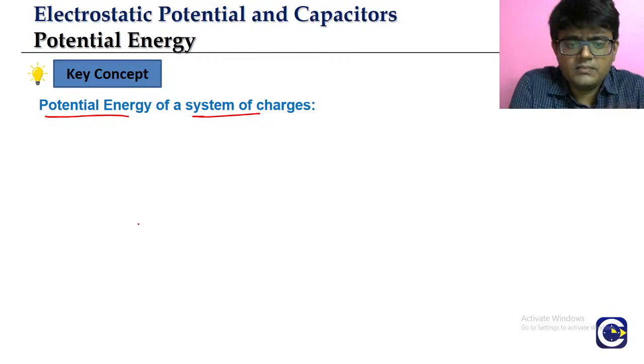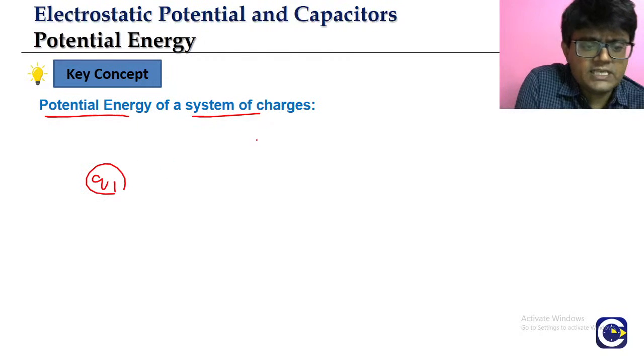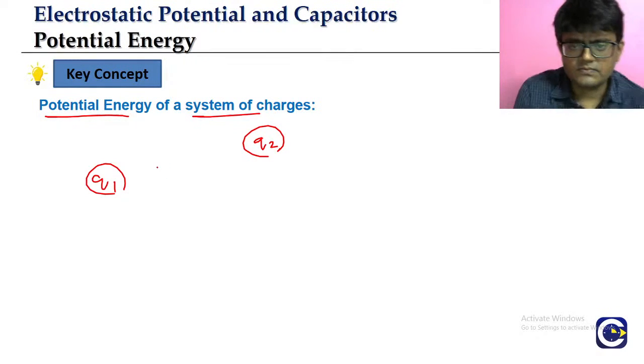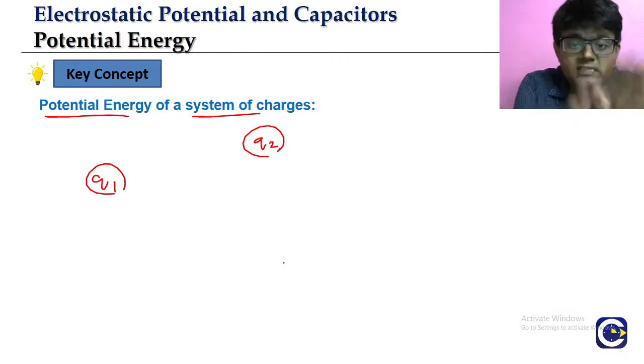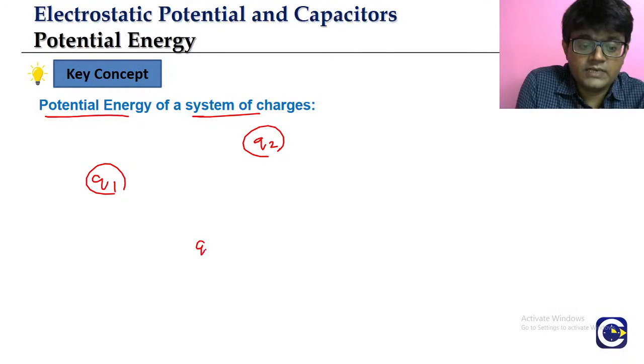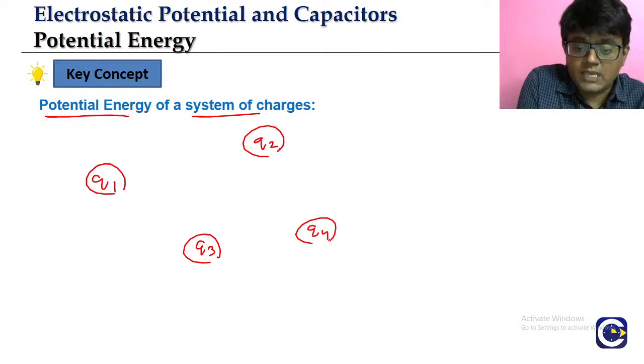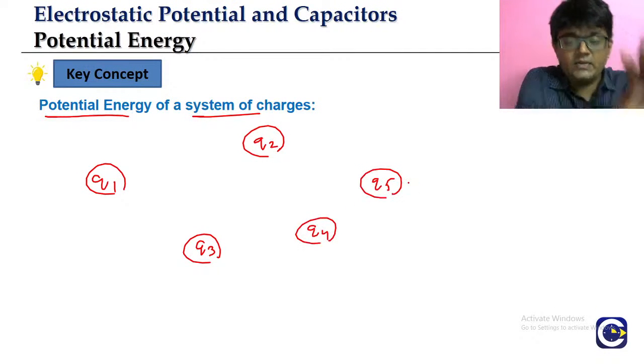இப்போ நம்ம என்ன பண்றது? We were looking at potential energy of a pair. We have two charges, அது ஒரு pair, right? For a pair we have potential energy. If you have system of charges சொன்னா we have maybe 3 charges, maybe 4 charges, maybe 5 charges, like we have a system of charges.